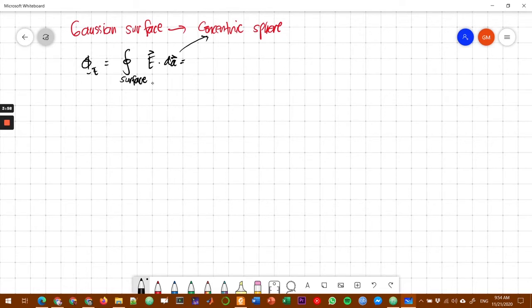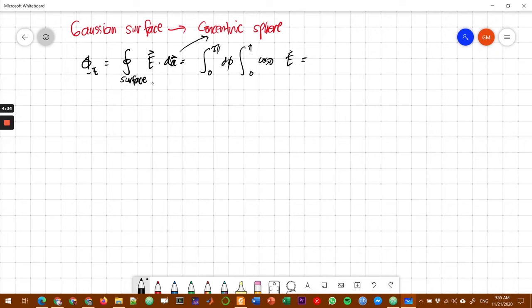To integrate the area of the sphere, we have 0 to 2 pi for d phi, and then 0 to pi for theta, with the cosine theta. Since r is constant, we just treat that as a constant. Then we have dA, and then E.